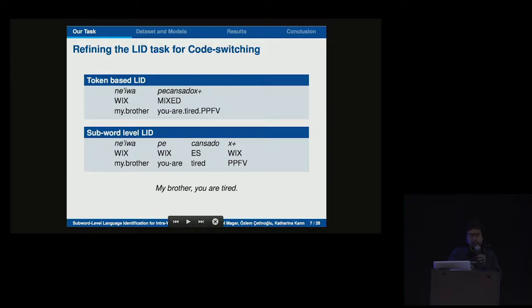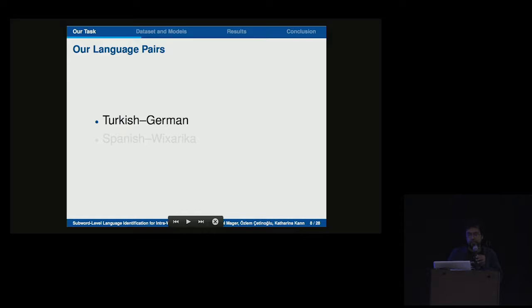So we propose that, of course, the monolingual words should be tagged with monolingual tags, but we need to split the parts of these mixed words, assigning to each part a different label. In this case, pu is Wixarika, cansado is Spanish, and ru is again Wixarika.